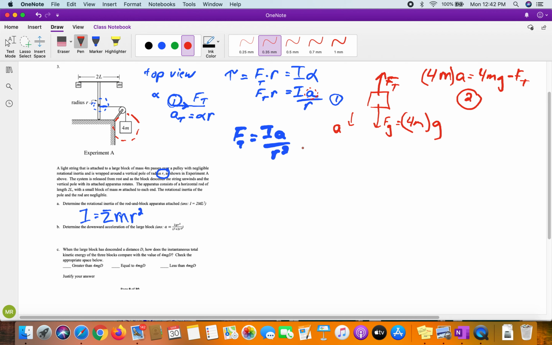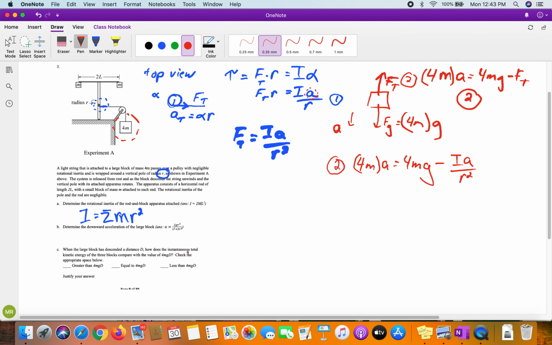And then whenever I get an ft in equation 2 up here, I'm going to plug in an IA over r squared. So equation 2 becomes 4m times A equals 4mg minus IA over r squared.